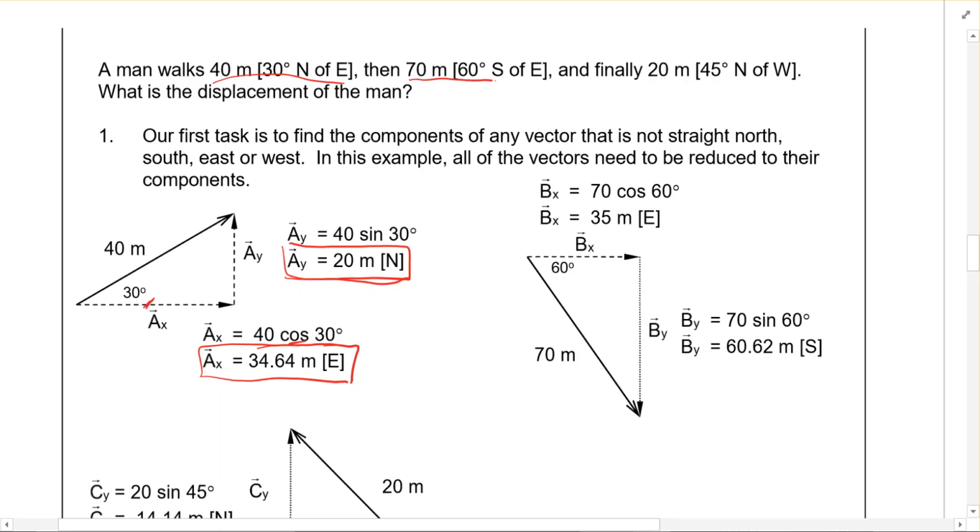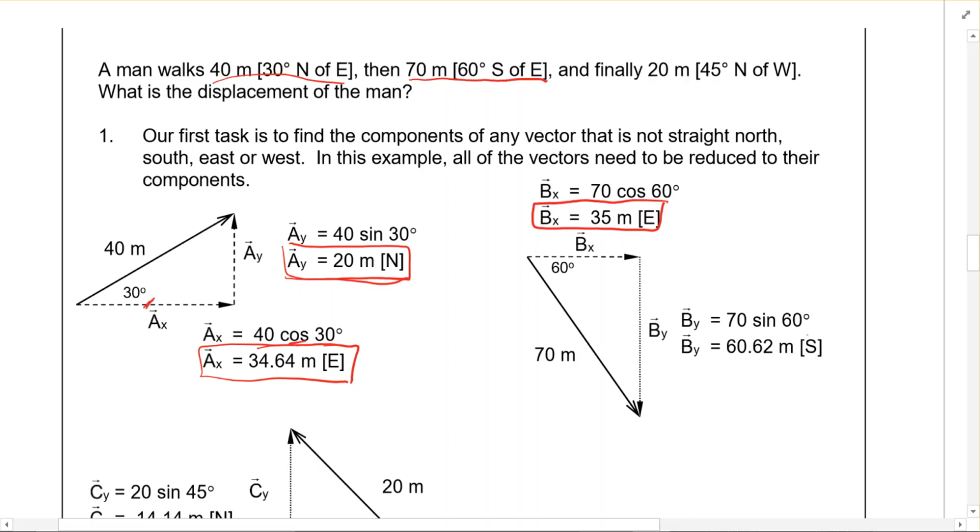Then look to the next one, 70. If we break that into its x component, you would get 35 meters as positive, so you get east. Actually, I kind of misspoke there. You're not going to really get any negatives or positives in this. You just need to know that it's going to the right, so it's going to be to the east.